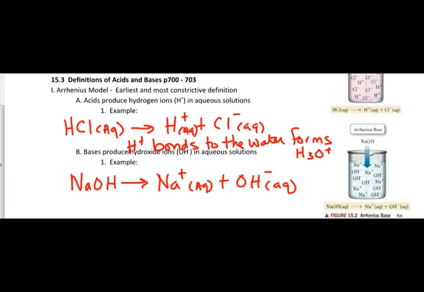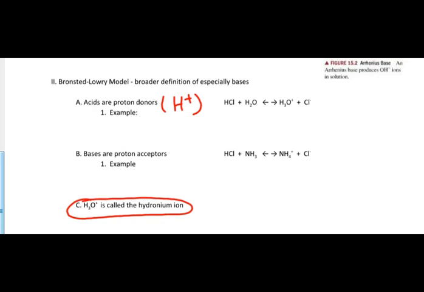So we're going to move on to the Bronsted-Lowry model. The Bronsted-Lowry model is a much broader definition, especially for bases. The definition of an acid is that acids are proton donors. So what's a proton? A proton is an H+ ion.